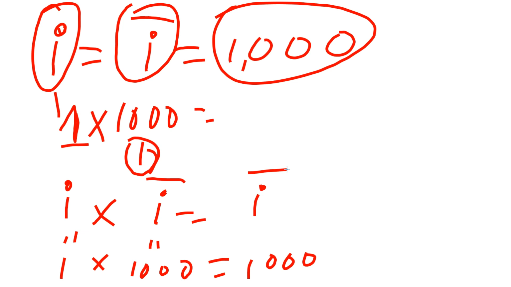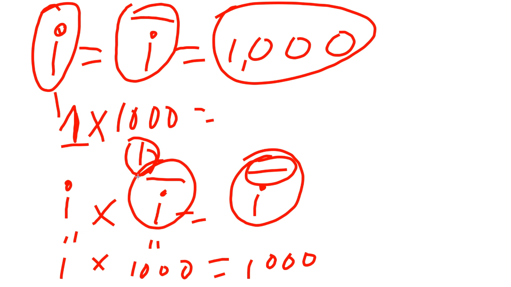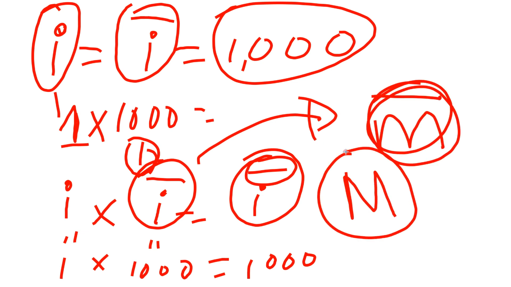Because if you are to write I, you will find I everywhere. If you don't know how to interpret what this bar means, you may think this I is just for one. Yet it is 1,000. But there's another way of writing 1,000 already, which is capital M. So why on earth do we need to write I and then put the bar on top when we know that we have M already?